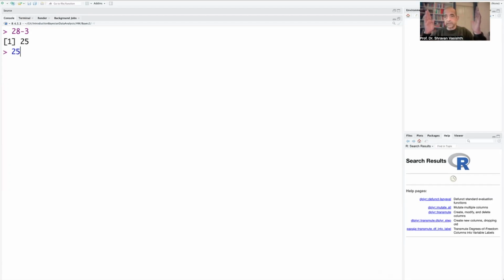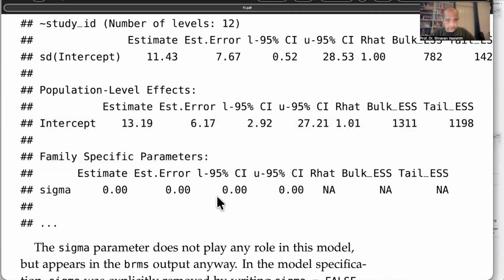Remember that a credible interval is plus minus 2 times the standard error or standard deviation, right? So if I divide the 25 milliseconds by 4, that gives me the standard deviation of my effect estimate in the posterior. So 6.25 is my standard deviation of this effect estimate, okay?